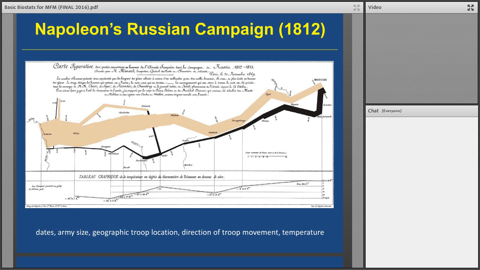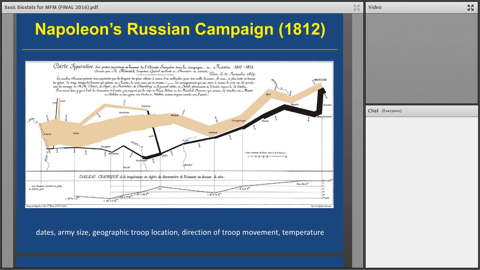This is a descriptive graphic that shows Napoleon's Russian campaign from 1812. As you go across left to right, it's using geography, and so the march to Moscow during 1812 of Napoleon uses the geography as well as a placement of dates along it, and the troop size is getting smaller. That's the width of those bars as we go along through the march.